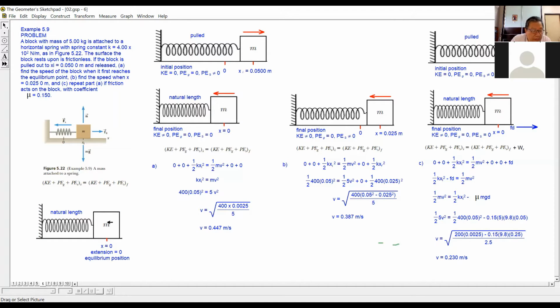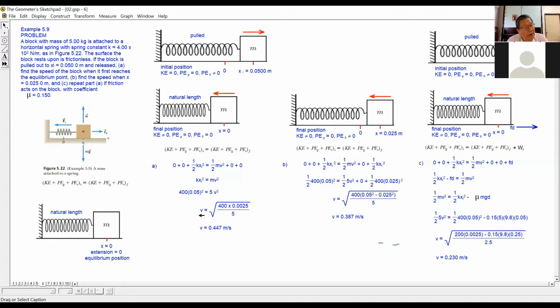As this block is attached to the spring, at first the spring is in its equilibrium position. In its equilibrium position means the extension is zero. It is neither stretched nor compressed. The extension is zero, the compression is also zero.